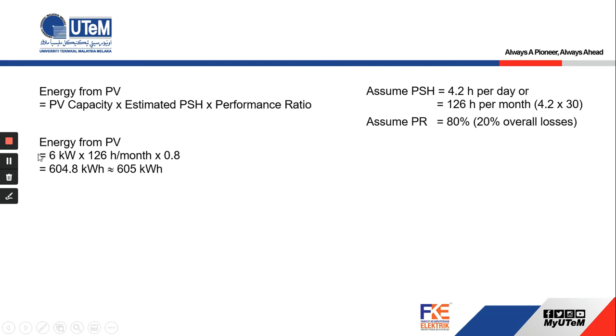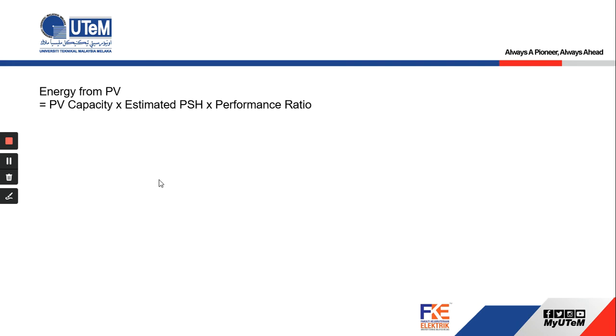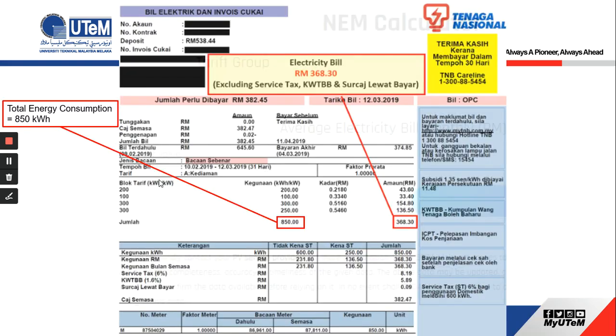The capacity that I want to install just now is 6 kilowatt. The PSH per month is 126 hours and the performance ratio is 0.8. So I get roughly 605 kilowatt hour from my PV system. Now recall that the consumption was 850. Okay, 850.